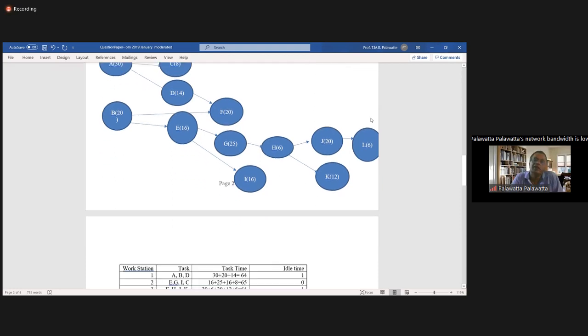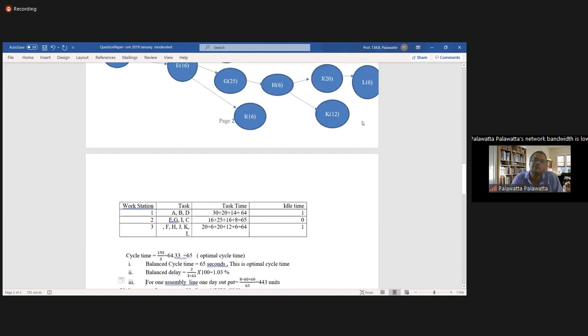If you had an additional task, another task M, a 5 second task, 64 plus 5 is 69. Then the third workstation becomes 69, and then the cycle time becomes 69, and this one has idle time 4, and this one idle time 5. So it's going to be different. But the final task here is L, so we got 64.